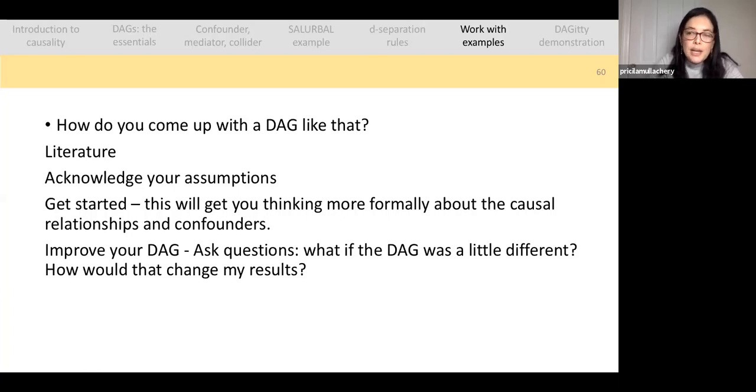And then improve your DAG and ask those kinds of questions, like: is this really in the pathway, or is this a third variable that is influencing both at the same time? That kind of thinking process advances the field. You're not just looking at associations, but you're really thinking very hard about the causal relations between these two things.